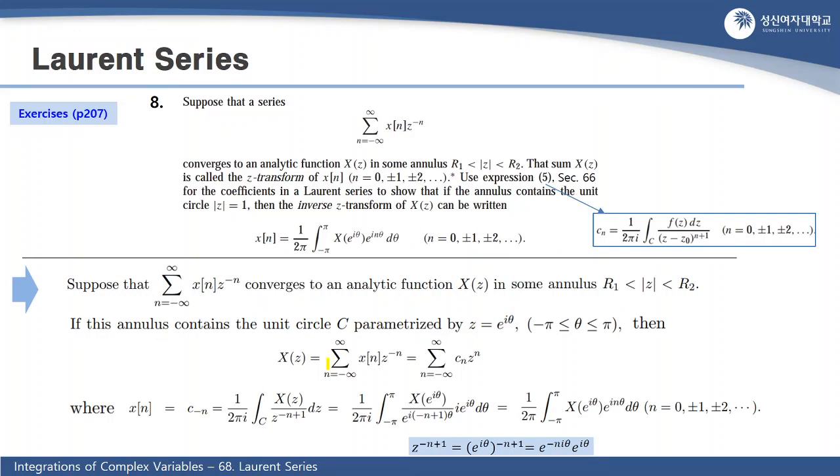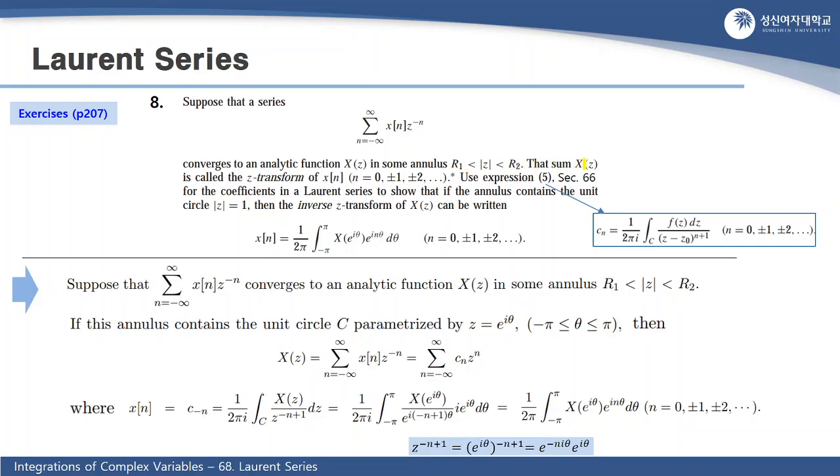That is, suppose that a series given by the summation n equals negative infinity to infinity of x square bracket n times g to the negative n converges to an analytic function X of g in some annulus, absolute value of g greater than R1 and less than R2.